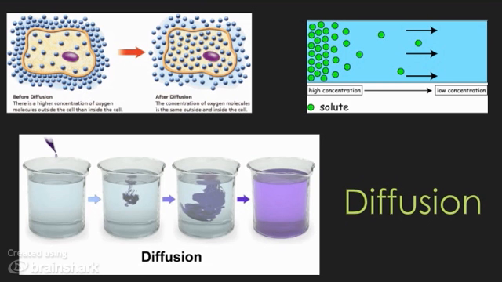And the third diagram in the top right corner is pretty simple. The green dots are a solute, so it could be sugar or salt, anything in water, and you can see they started at the higher concentration on the left, and they're moving to the lower concentration to the right, just to be equally spread out.